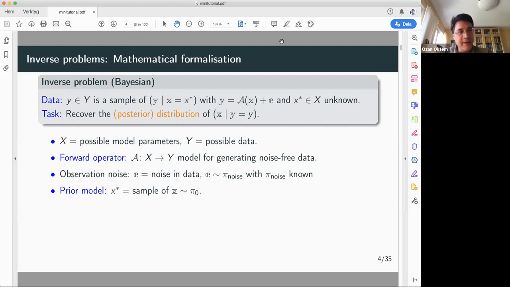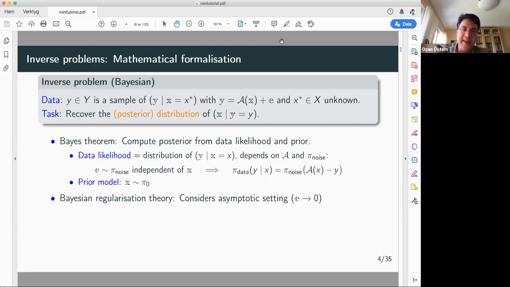With this viewpoint, it's very sensible, if you're looking for the posterior, to resort to Bayes theorem, because typically the data likelihood is known, or should be known at least. It is typically given by the forward operator and knowledge about the observation noise. And if you also happen to know the prior, which is a more shaky assumption, then you could in principle use Bayes theorem to compute the posterior.